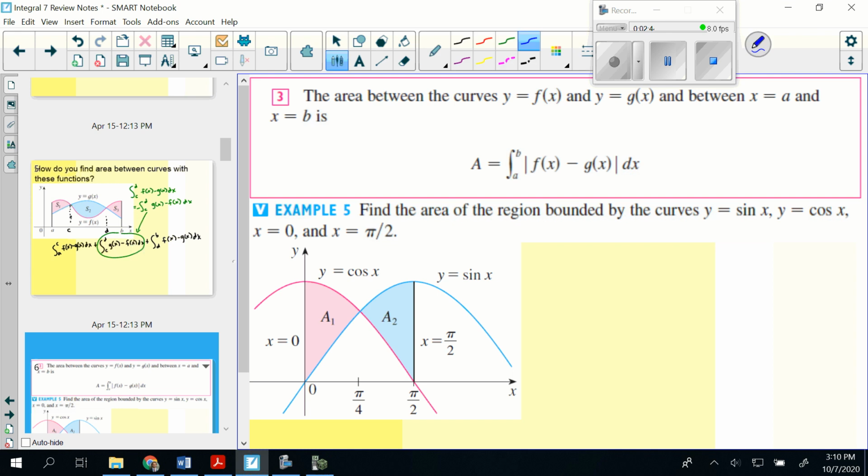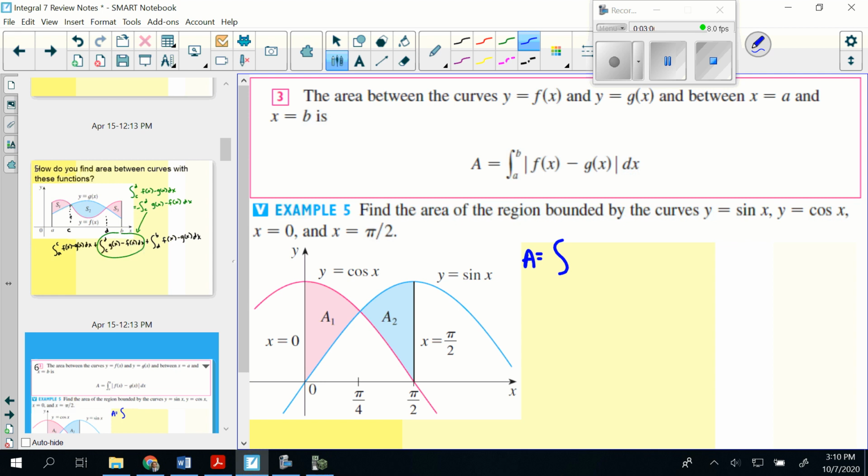So if we want to find this area for this example here, if we were to do it with two integrals, let's say we didn't have a calculator available, then we'd probably want to go this route. We would look at splitting this up into two separate integrals since the top and bottom functions intertwine there.